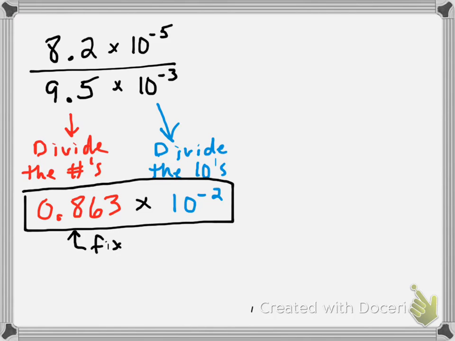So if we make the decimal one larger, then we make the exponent one smaller. And yes, negative 3 is one smaller than negative 2, because negative 2 minus 1 is negative 3. So that did get smaller.